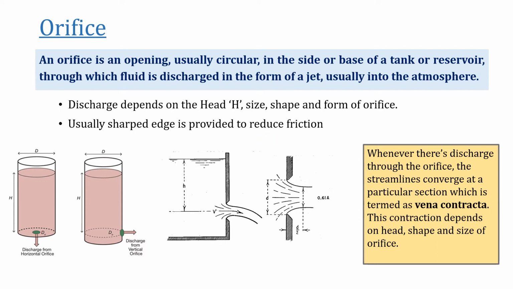As you can see in this figure, this is a sharp edge orifice, and the streamlines converge so that they can pass through the orifice opening, and after passing through the opening, due to inertia, they continue to converge, and reach a section almost at a distance of d by 2 from the orifice. This particular section is known as the vena contracta. This contraction also depends upon the head, shape and size of the orifice.